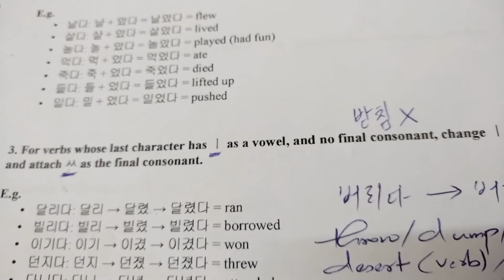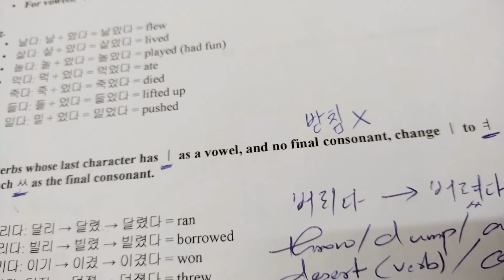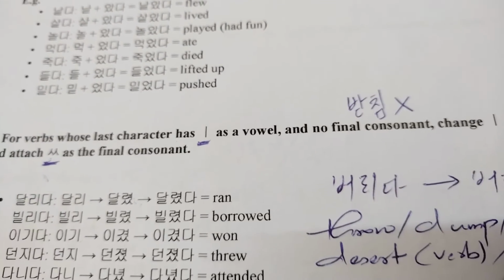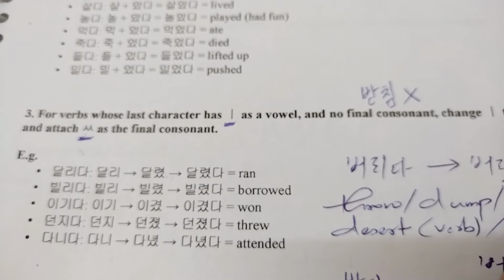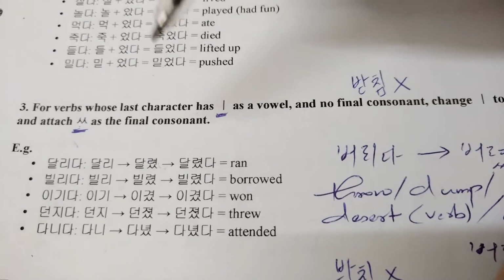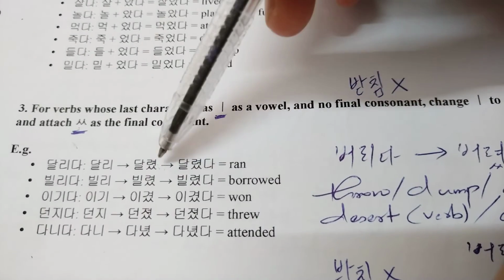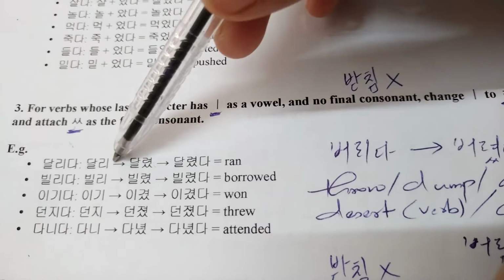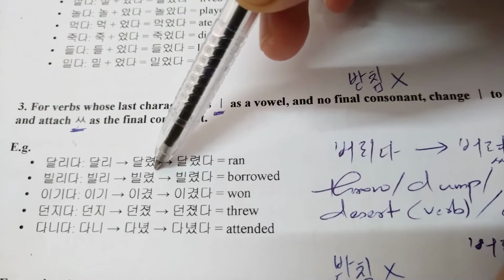Now we are going into, again, no batchim. If you have no batchim and the last vowel is ㅣ, you would take that ㅣ off and change it to ㅕ. ㅣ would change to ㅕ, and you would add ㅆ as a batchim.